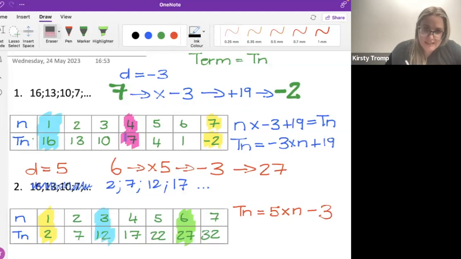What did I do to 10 to get to 7? I must minus 3, hey? So D stands for the difference. Okay, does that make sense? Yes, ma'am. Good, good, well done.